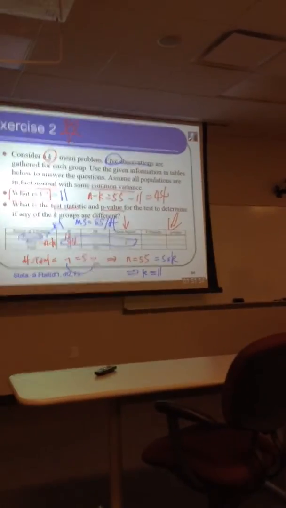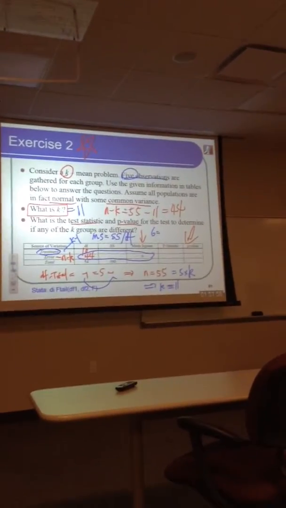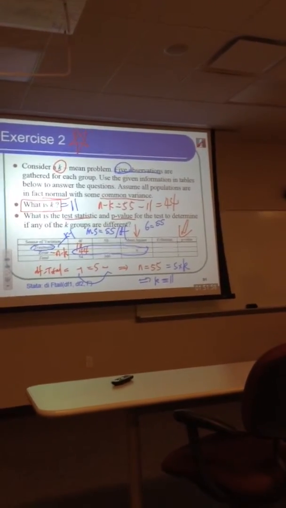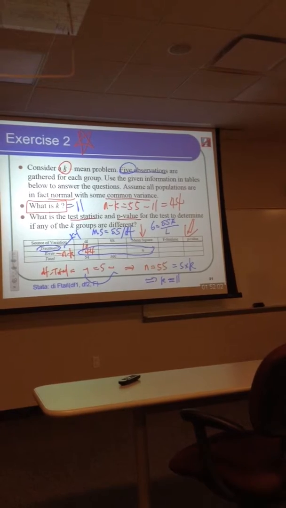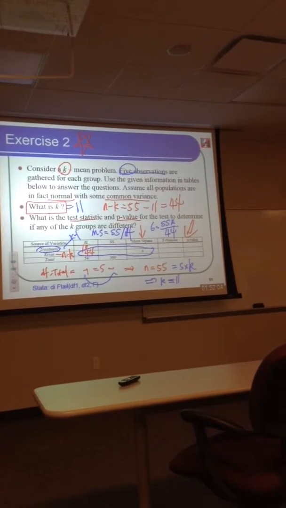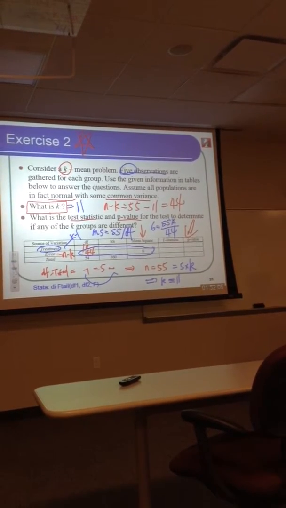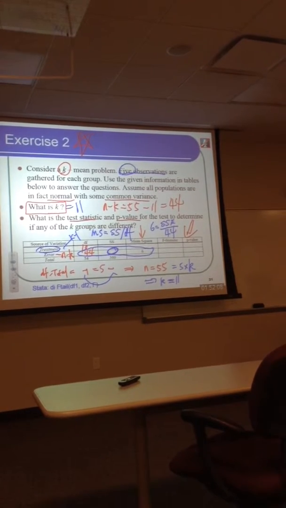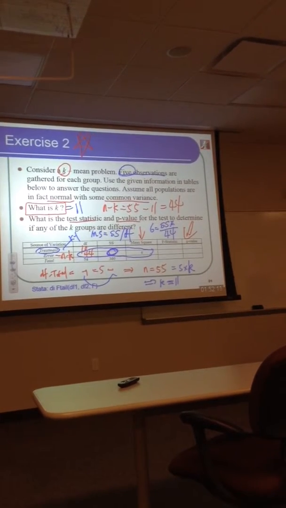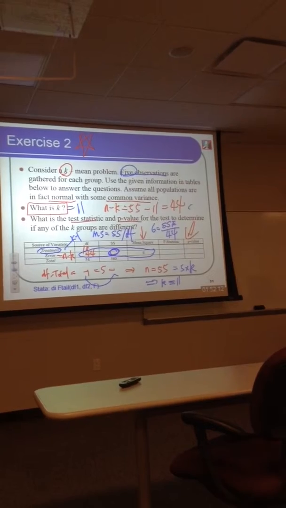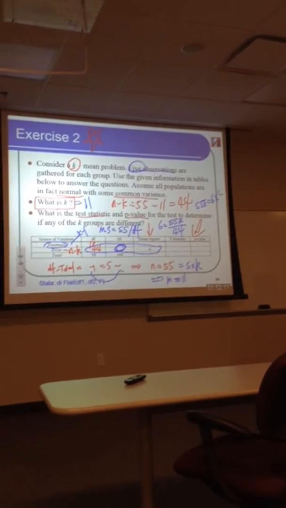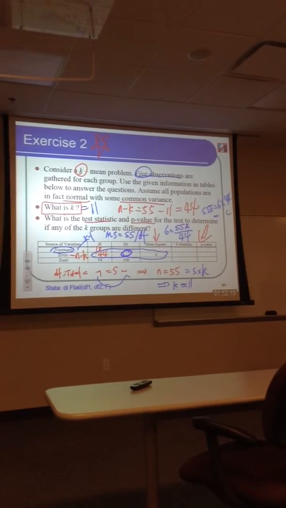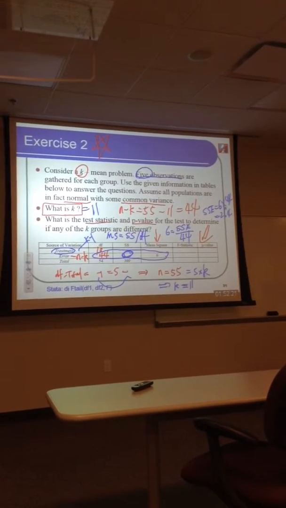So the sum of squares for the error term equals 6 multiplied by 44, which equals 264.